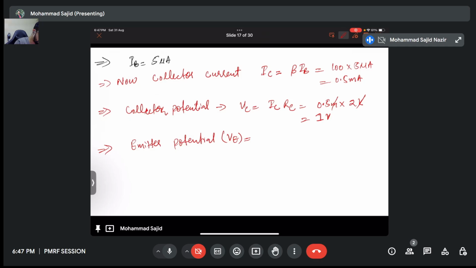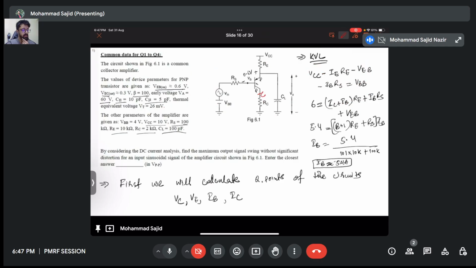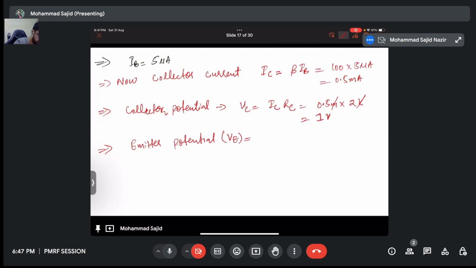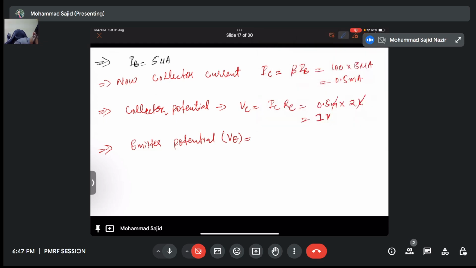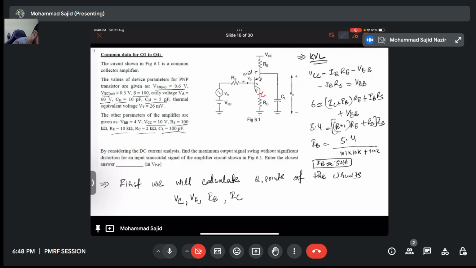And similarly, we need to calculate the emitter potential, which can be given from Ohm's law as VCC minus IE RE is equal to VE. So VE is equivalent to 10 minus, let's assume IE is equivalent to IC, so it will be 0.5 milli multiplied by RE. RE is 10 kilo ohm.